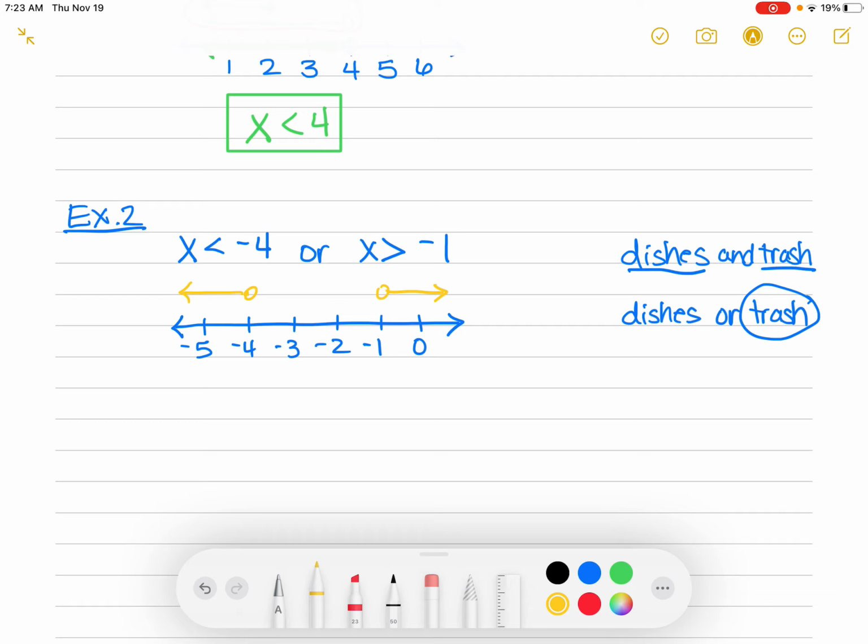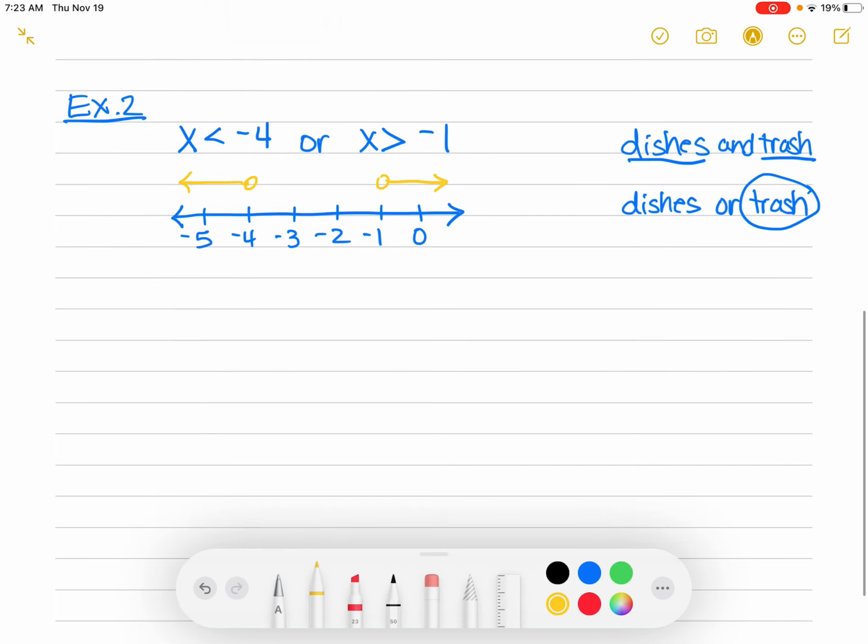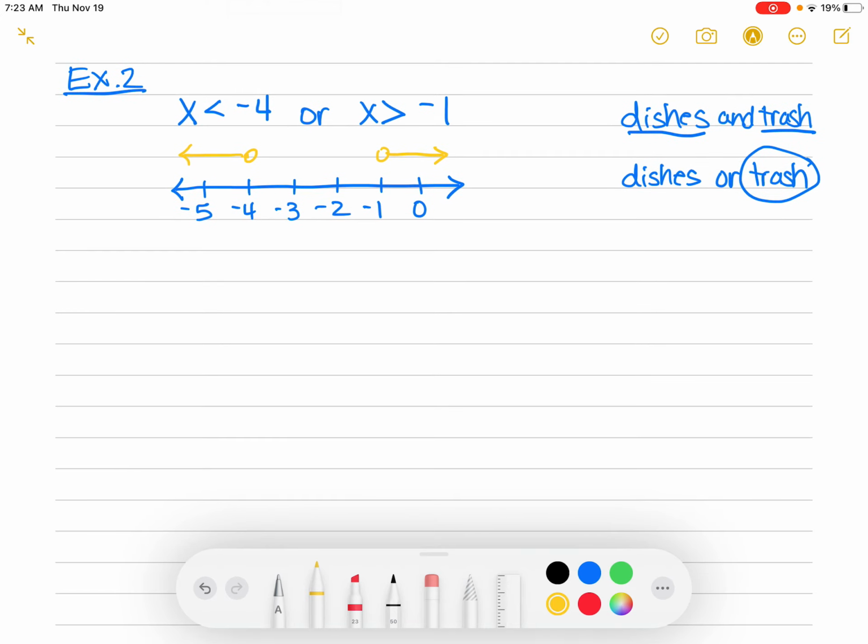And when we were doing conjunctions, we would say that there was no solution to this because they did not intersect. But because now these do not have to intersect, we can pick one or the other. That means our answer is going to be the same as our problem. It is x is less than -4 or x is greater than -1. And that's my answer.